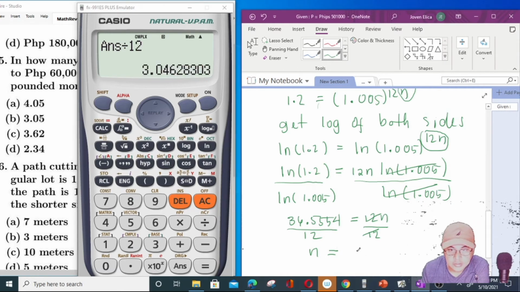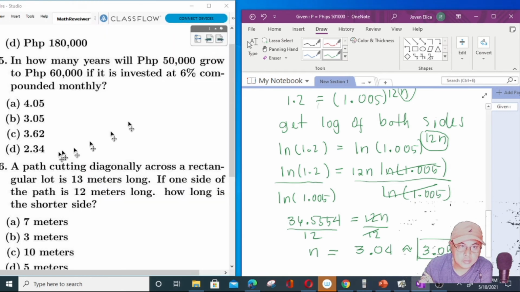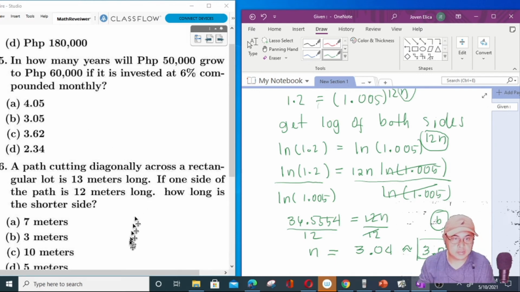The answer is 3.04, or approximately 3.05. Letter B. The answer is letter B. Okay?